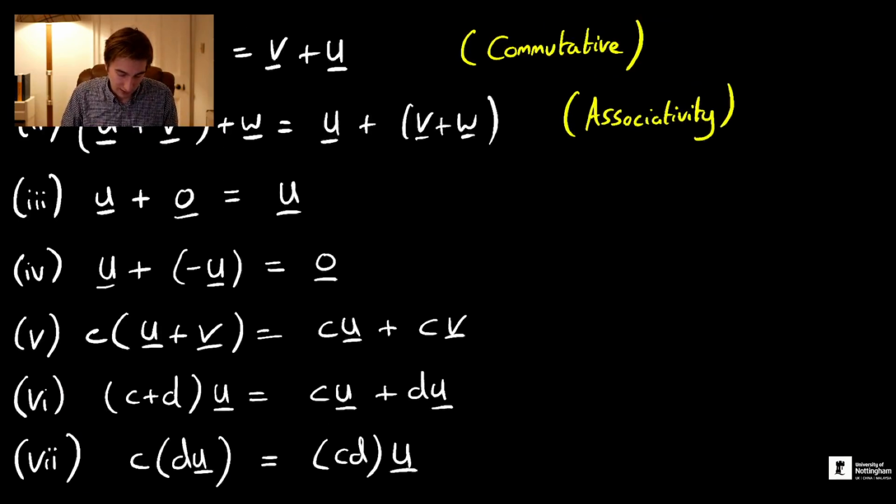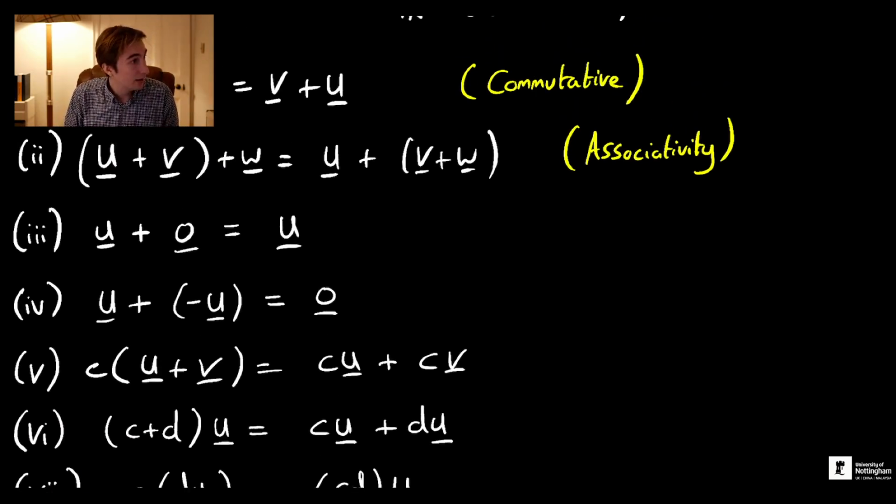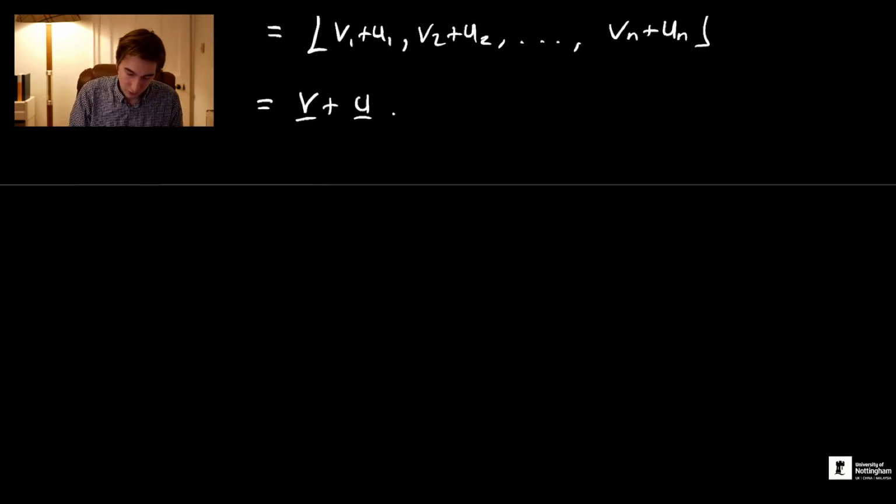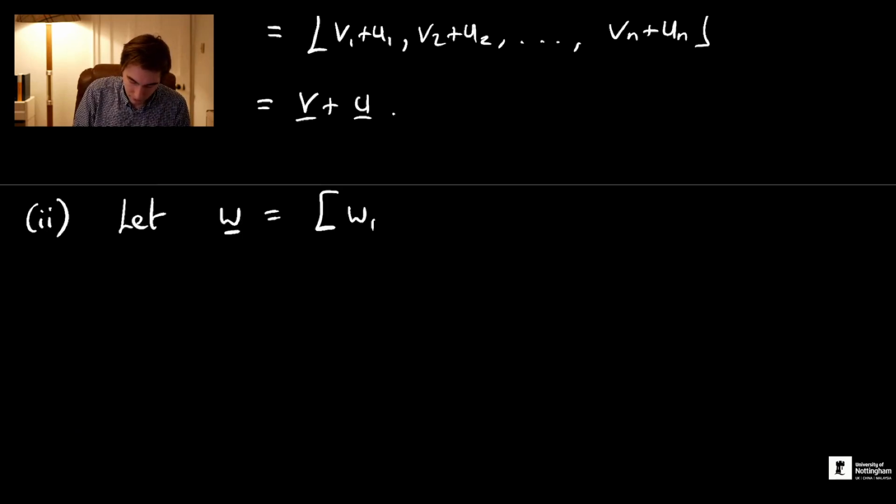The second one is to say if I first do u plus v, and then add w, that's the same as adding v plus w and then adding on u. So in order to prove that, we will just define a new vector w, which we let equal (w1, w2, ..., wn).